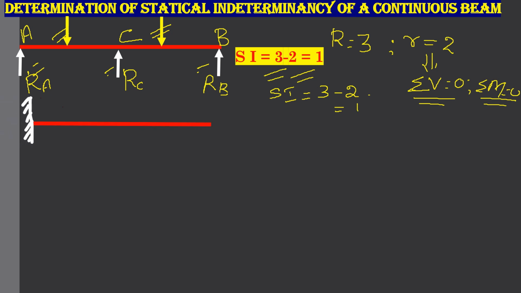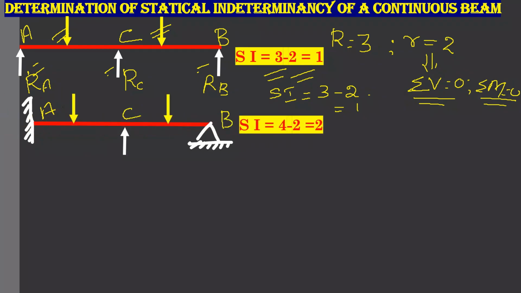So you have a beam. It is supported by a fixed support at A, a simple support or a hinged support at B and a simple support at C. It is loaded by 2 vertical loads. So our statical indeterminacy becomes 4 minus 2. That is, at this support A, we have a vertical reaction RA.